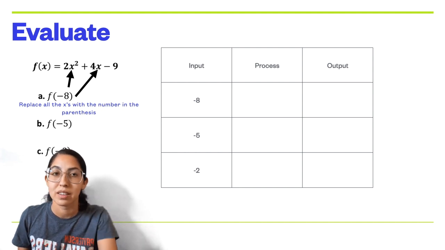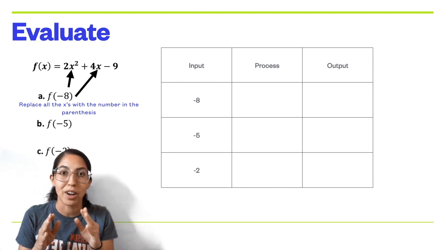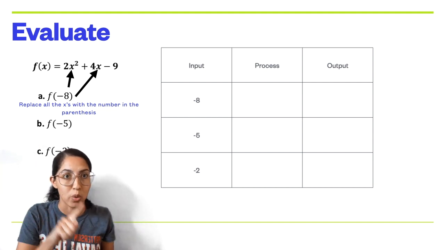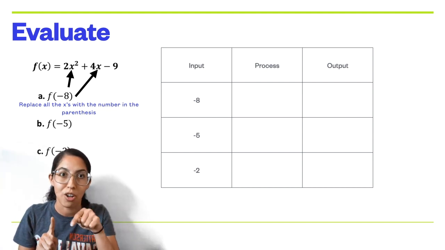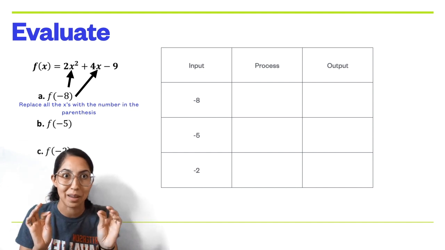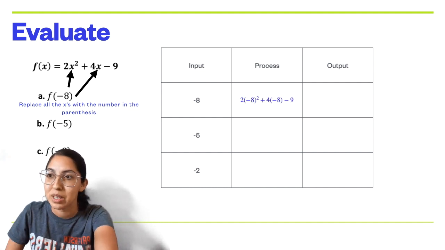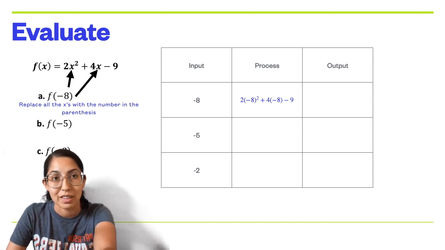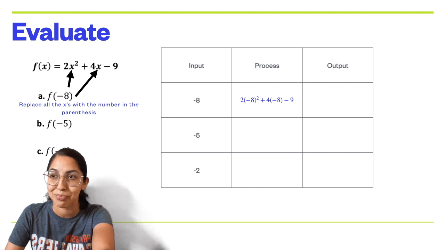Throughout, you're not putting different numbers for different x's. If you replace one x with a number, you have to replace all those x's with the same number. So the first one is 2 parentheses negative 8 parentheses to the power of 2 plus 4 parentheses negative 8 minus 9.